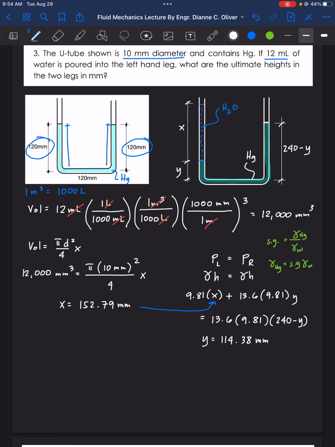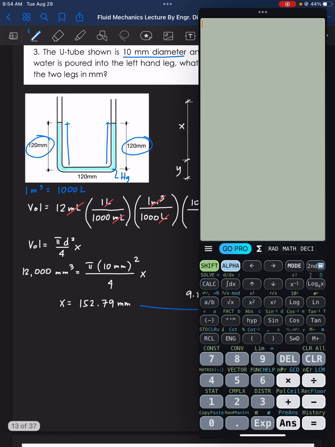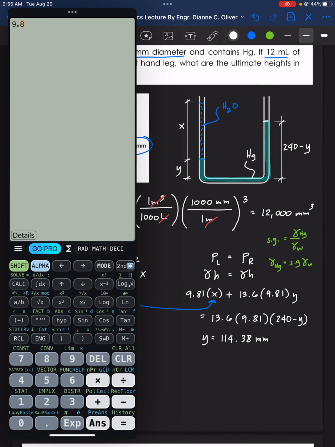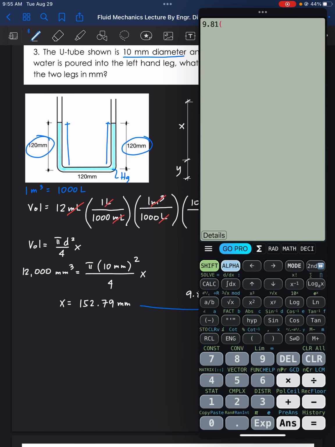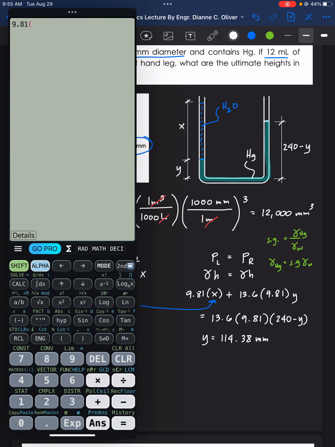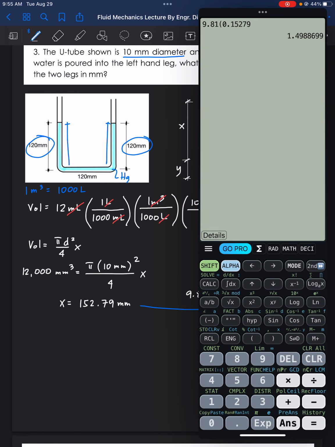So how do we get that? Let's show that. 9.81 times 152.79, so 0.15279, is that correct?